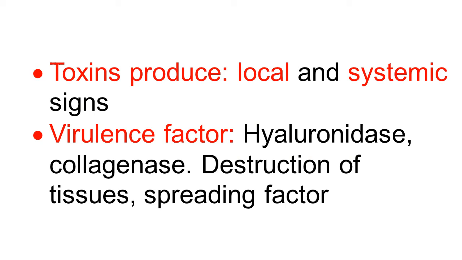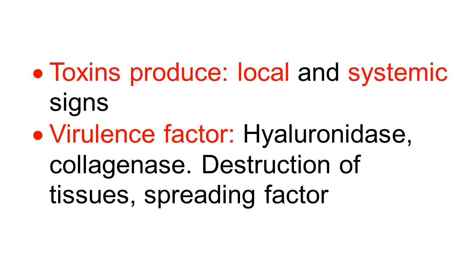Necrotoxin is produced in the local lesions, and these toxins produce local signs of necrosis, and when these toxins are absorbed into the circulation, they produce systemic signs of toxemia.